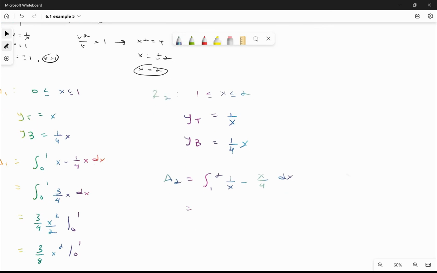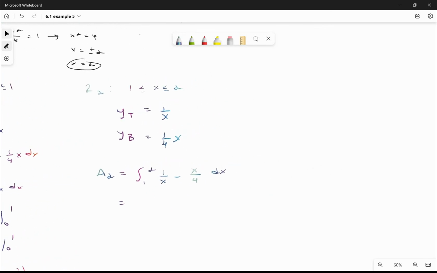What's the integral of 1 over x? Well, we should hopefully know that already, it's just the natural log. This is that one exception to the power rule, where the power on x is -1, and so in that case, our integral is ln of absolute value of x.